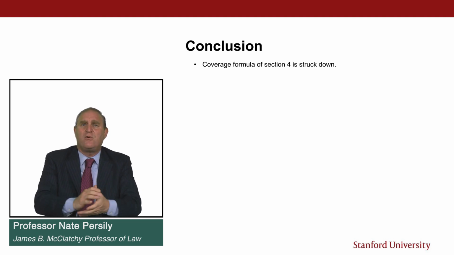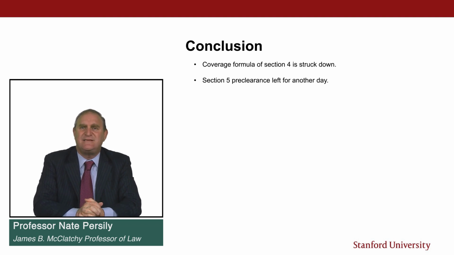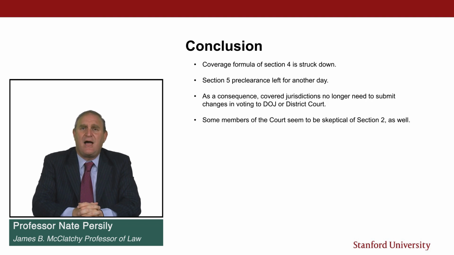But whether the current court would be willing to uphold it, well, that's an issue for another day, and that day does not seem to be close at hand, because Congress doesn't seem able to come together to reauthorize a new Voting Rights Act, although there are proposals on the table like the John Lewis Voting Rights Act that would do so. So as a consequence, covered jurisdictions no longer need to submit changes in voting to the Department of Justice.